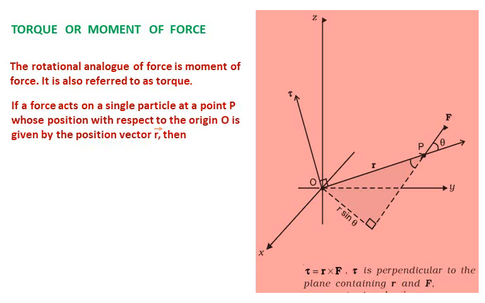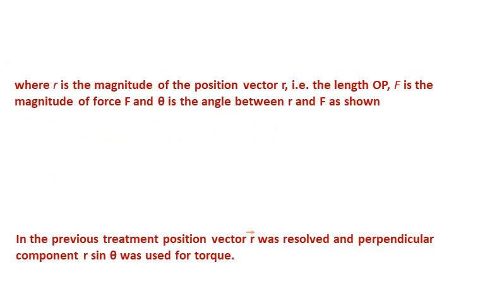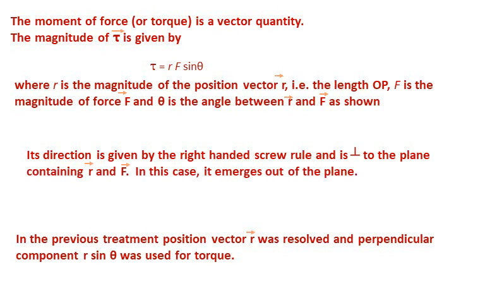If a force F acts on a single particle at point P as shown in the diagram, whose position with respect to origin O is given by position vector r, then the moment of force acting on the particle with respect to origin O is the vector product of r and F. The moment of force therefore will be a vector quantity, the magnitude will be rF sine theta, and the direction you can find by using the right hand screw rule.